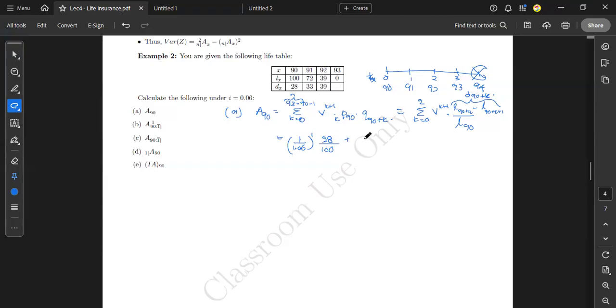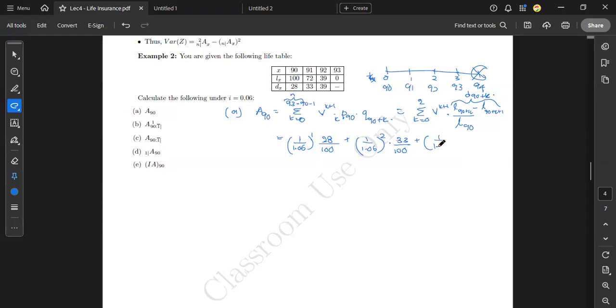For k equals 1, the discount factor is 1 over 1.06, squared since we need 2, and deaths at this age is 33 divided by 100.